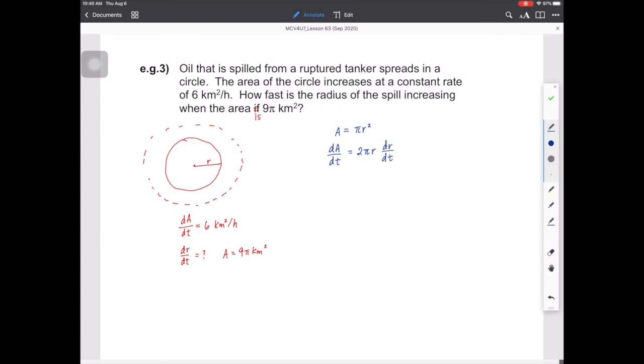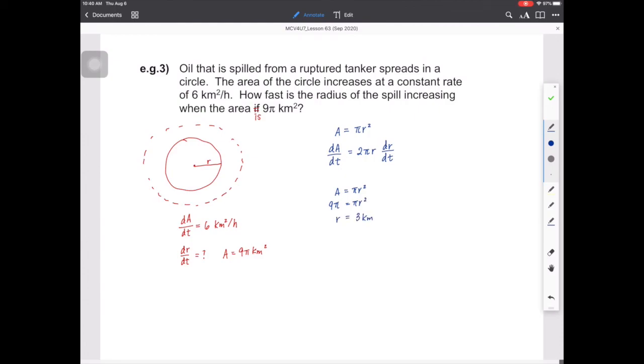In order to solve this question, I need the value of r when the area of this new circle is 9 pi. So let's do that first. Since area is pi r squared, when the area is 9 pi, the radius must be 3 kilometers.